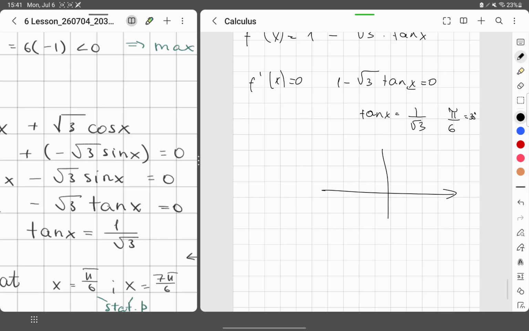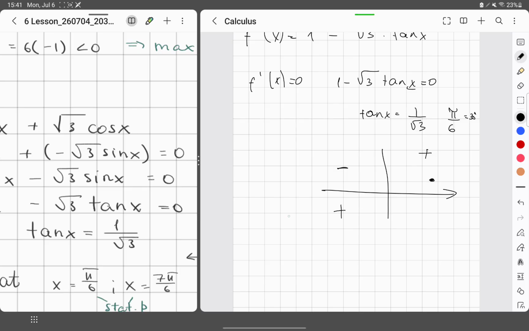As you can see, tangent is positive, so it means that our tangent is here, and where tangent is positive, here that will be negative, and here negative and negative will be positive.